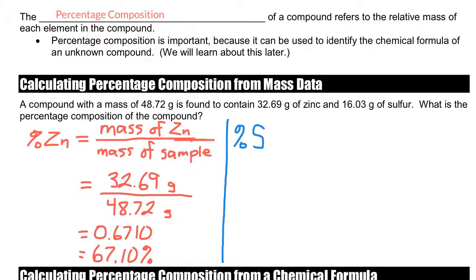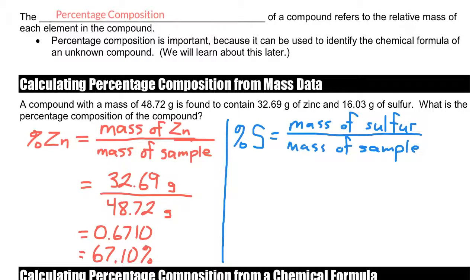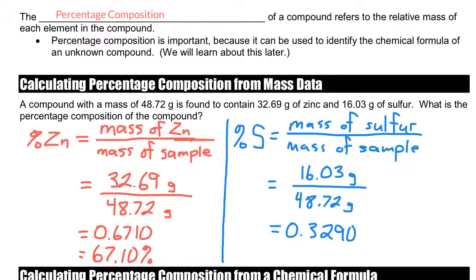And I can also calculate the percent sulfur in this compound. I'll use the same method, but this time I have a different mass on the top, because this time I'm talking about sulfur. I do my calculation, and I find that my sample is 32.90% sulfur.